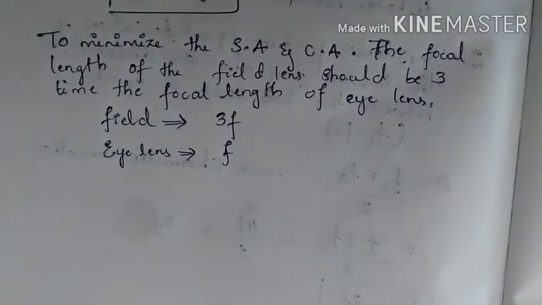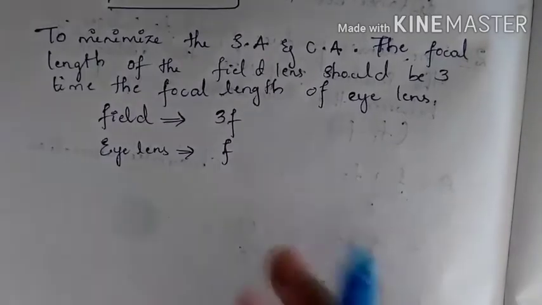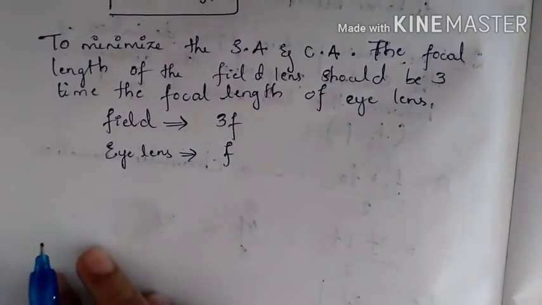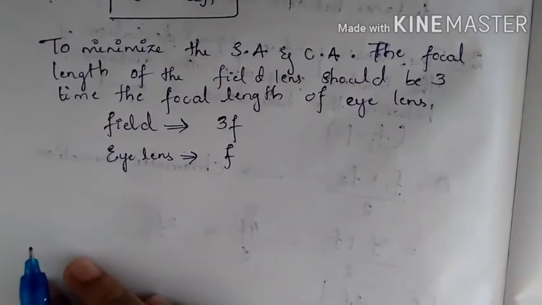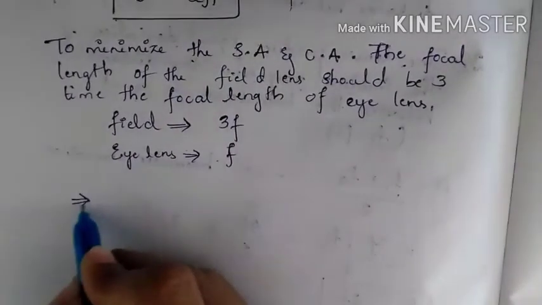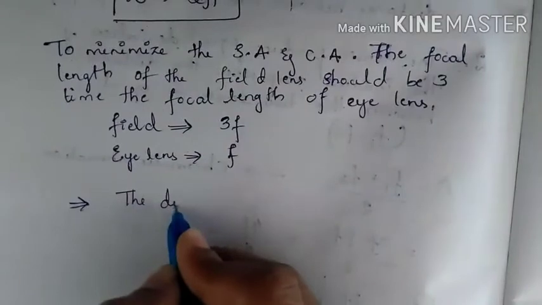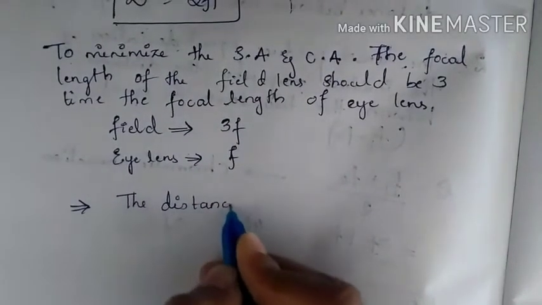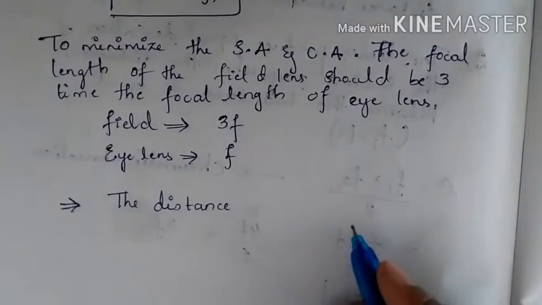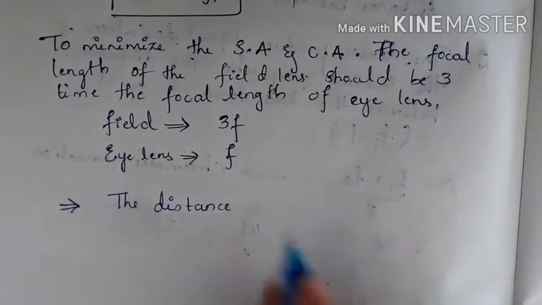So now the distance between them should be equal to twice the focal length of the eye lens. So the distance between the two lenses should be equal to, what? Twice the focal length of the eye lens.